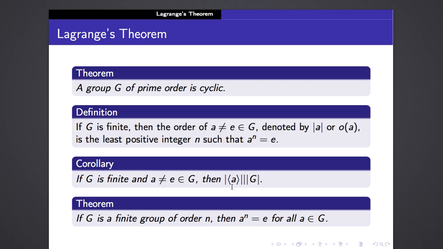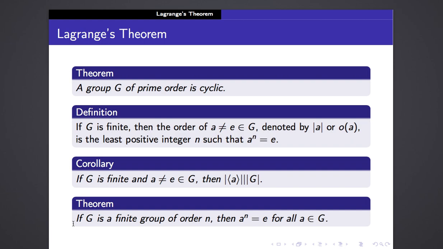This is simply Lagrange's theorem, because for any element of G which is not the identity, the cyclic subgroup generated by a is a subgroup. So obviously its order has to divide the order of G.